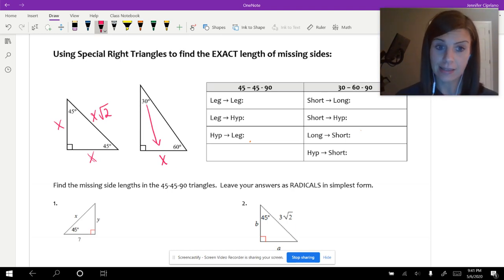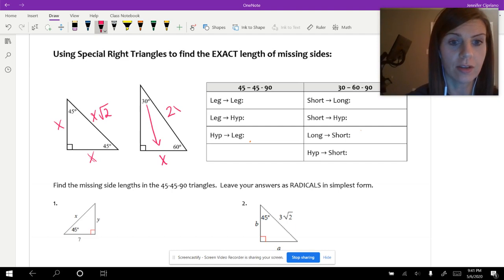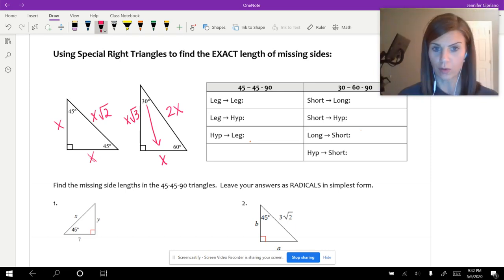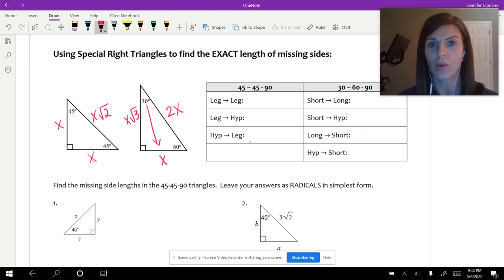So that's our x. The hypotenuse is always twice that number, and the long leg is always that number times the square root of 3. What this little table does is tell you how to go from one measurement to another in each triangle. So let's start in the 45, 45, 90 triangle.